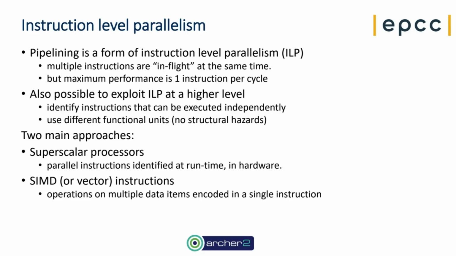So there are two main approaches, both of which are important. Processors are superscalar. So what does that mean? It means that the parallel instructions are identified at runtime in the hardware. So this can be combined with out of order execution.